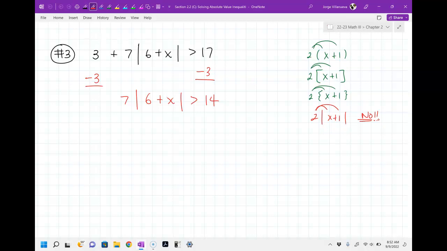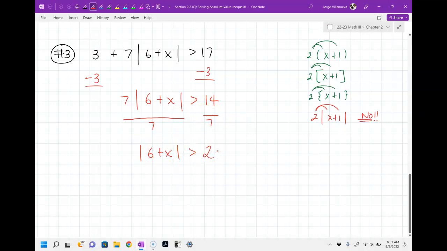So the opposite would be division, right? So by the way, when you said subtracting, that's usually what most people think. They're like, oh, it's just a positive 7, let me subtract it, right? But you always ask yourself, what is it doing? If it's multiplying, then do the opposite, right? So we're going to divide it out by 7. So I get absolute value of 6 plus x is greater than 2.